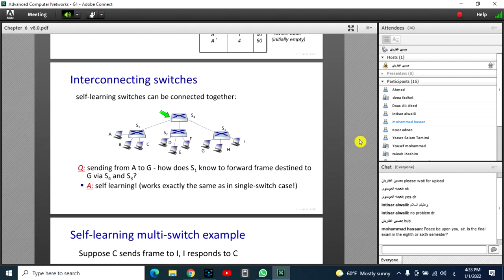Okay, so I can use a hierarchy when I'm using switches. And the important note is that even using this hierarchy, my switches can still use their self-learning capabilities.